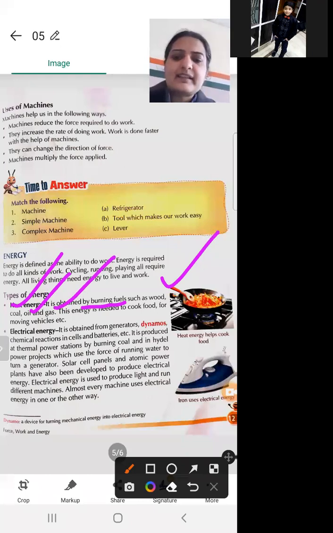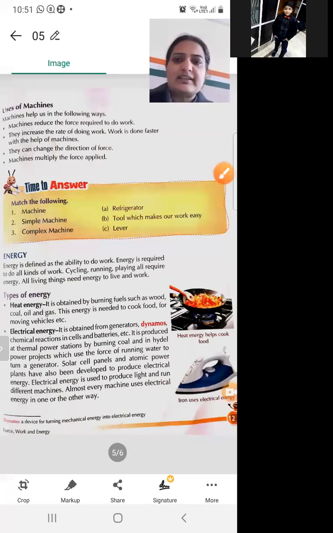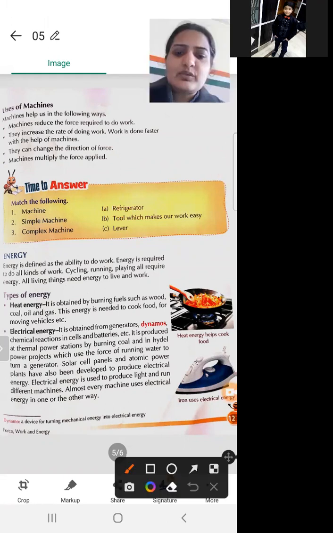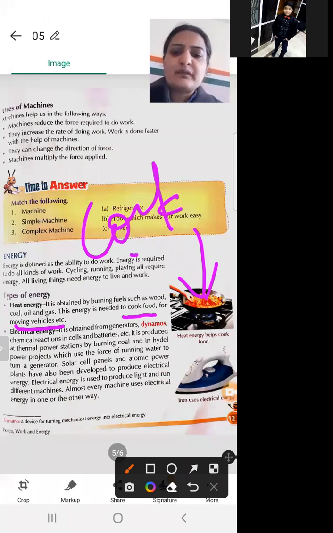So in this way, we produce heat energy. And what is the use of this energy? It is used to cook food and for moving vehicles.